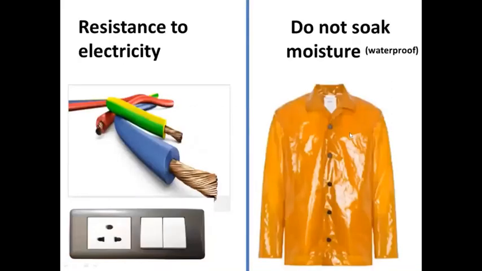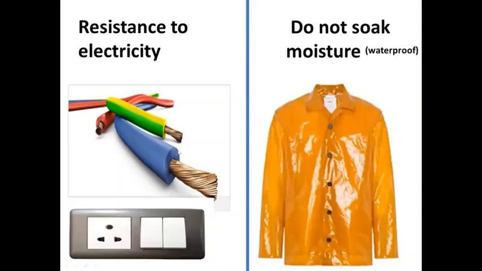Let us try to understand one more interesting advantage of plastic: it is resistant to electricity. Means it will not be affected by electricity. You can see the picture of a wire. Here this is a copper wire. It is covered with plastic.